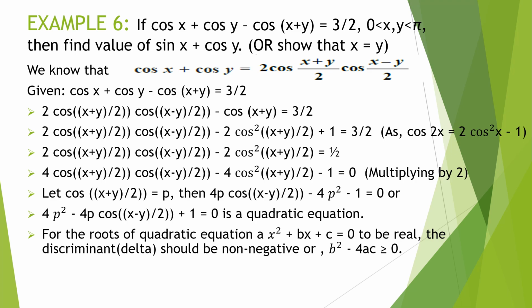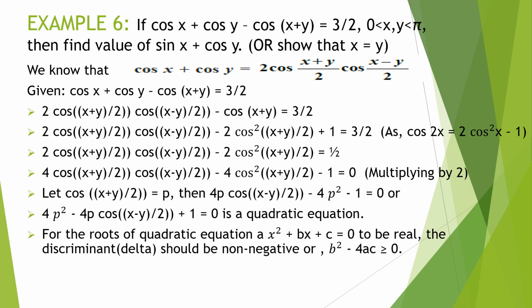Now we also have a formula cos 2x is 2 cos square x minus 1. So 2 cos((x plus y) by 2) into cos((x minus y) by 2), and cos(x plus y) we will write as 2 cos square((x plus y) by 2) minus 1, so minus minus will become plus 1, which is equal to 3 by 2.